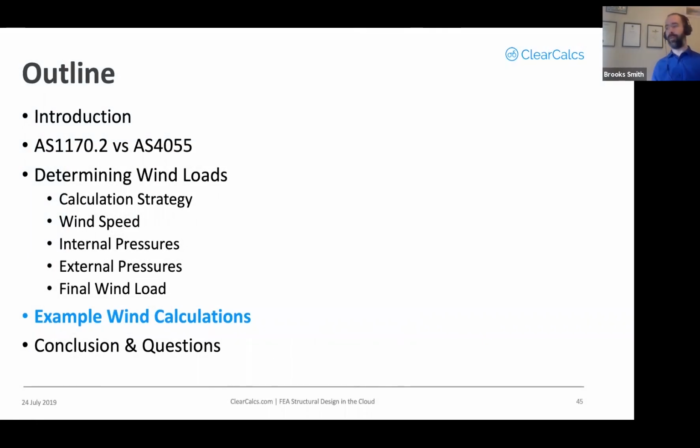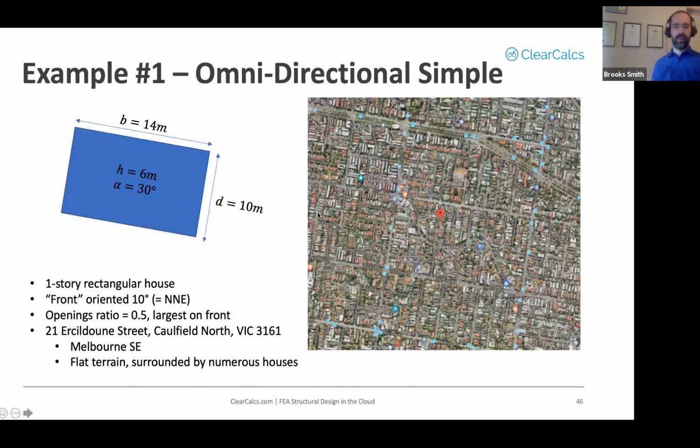Now, I'm going to go through some example wind calculations as well. My first example, I'm just going to take to be as simple as possible. Just an omnidirectional structure. I picked a location in the inner Melbourne suburbs in Caulfield North. As you can see, it's very flat, very uniform.